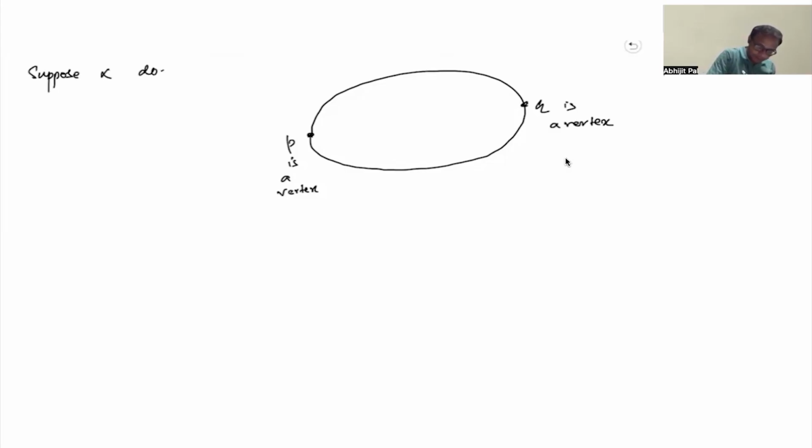alpha does not have any other vertices. Okay. So this is my beta and this is my gamma. All right.